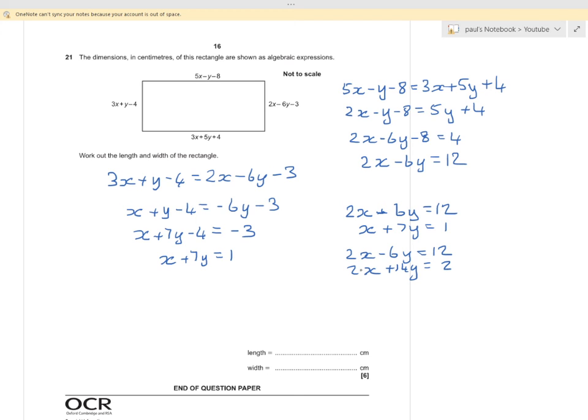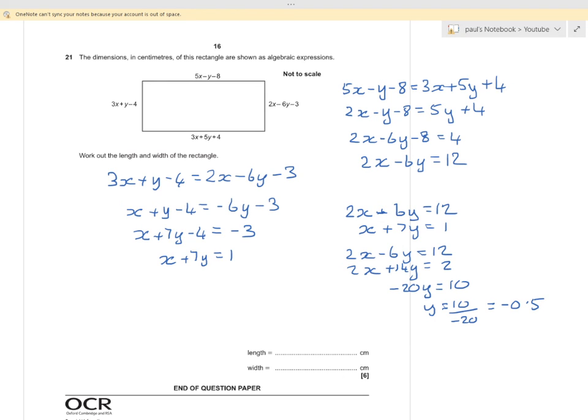Now I'm going to subtract them. So that gets rid of the x. Now minus 6 minus 14 is minus 20y equals 10. So y equals 10 divided by minus 20, which equals minus 0.5.